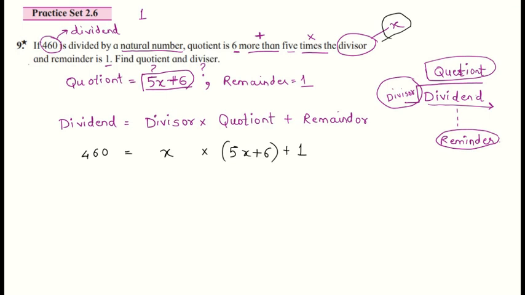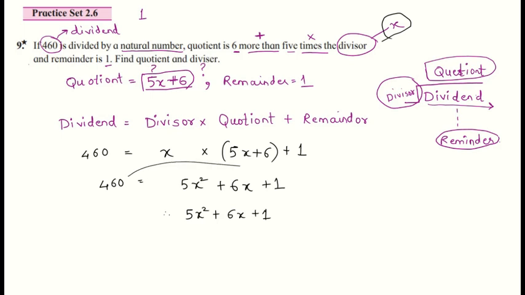I hope it was very easy till now. If you want, you can go back and preview the lecture again. Therefore, 460 is equal to x into 5x plus 6. So x into 5x is 5x square plus 6x plus 1. Now write it in the standard form: 5x square plus 6x plus 1.